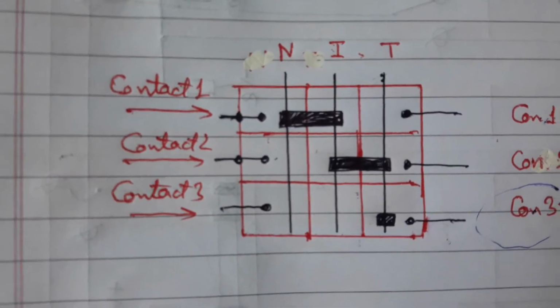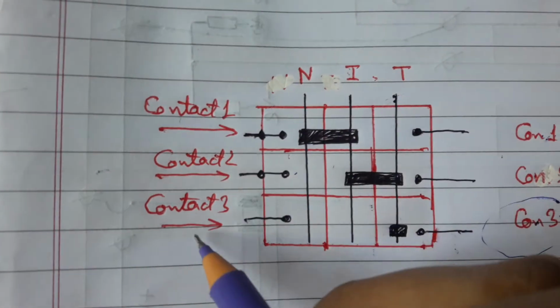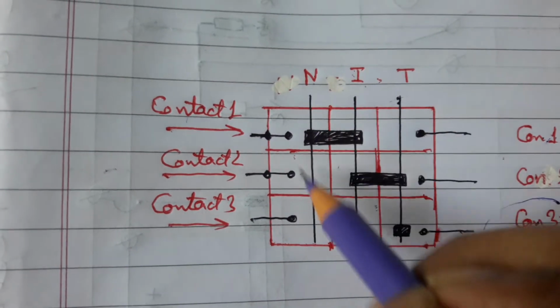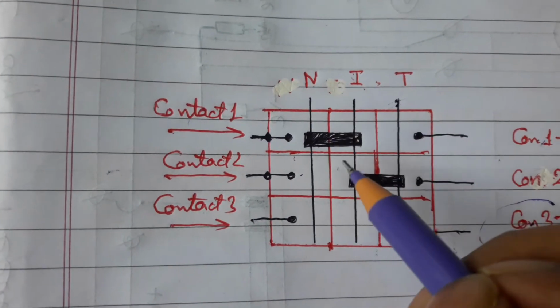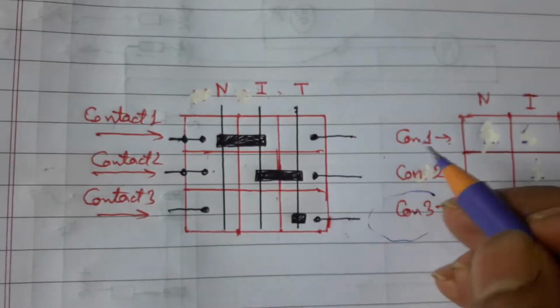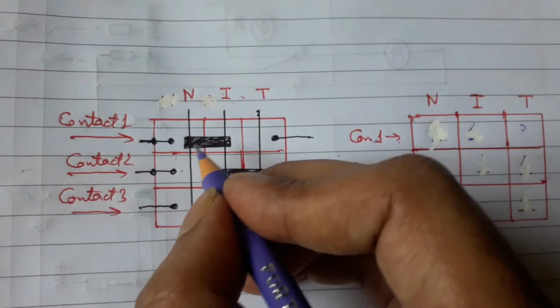Now here is another example. This is a switch with 3 contacts and 3 positions, but the contact configuration is different. Now we will try to draw this matrix.